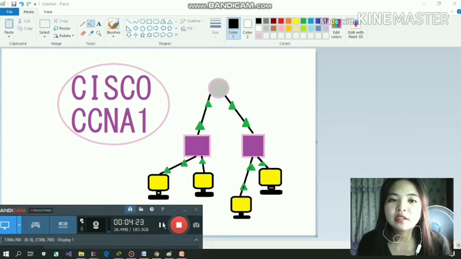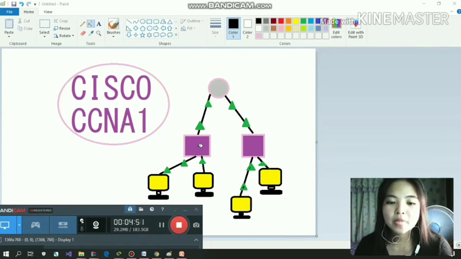So upon learning from the Cisco CCNA1, I've understood how to connect the router, switch, and the host, and how to know if my topology is working.